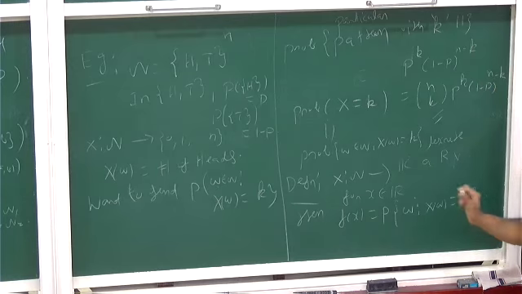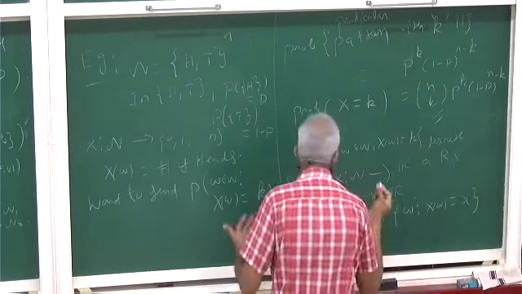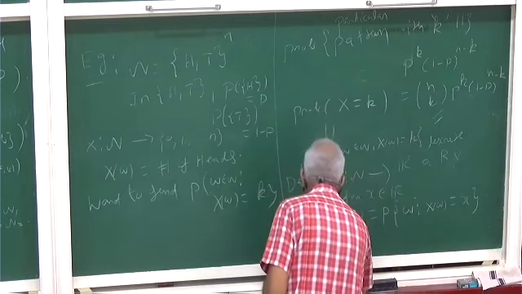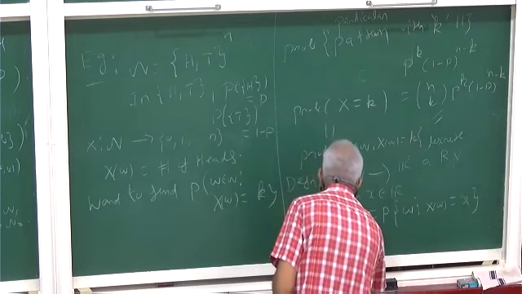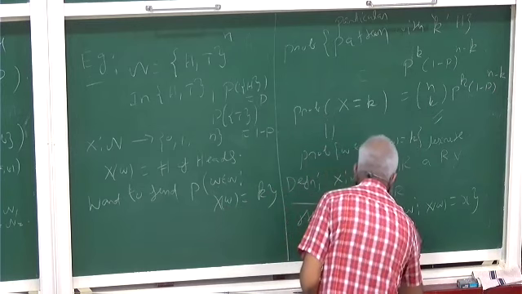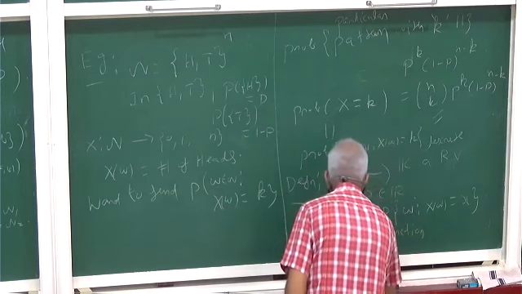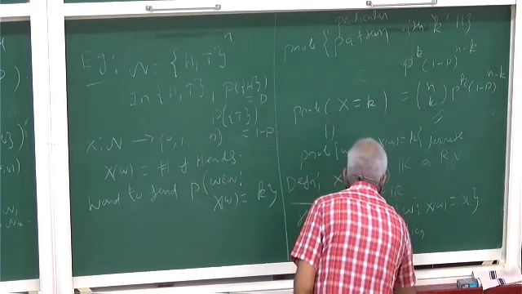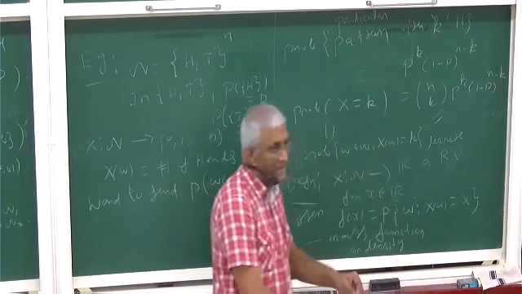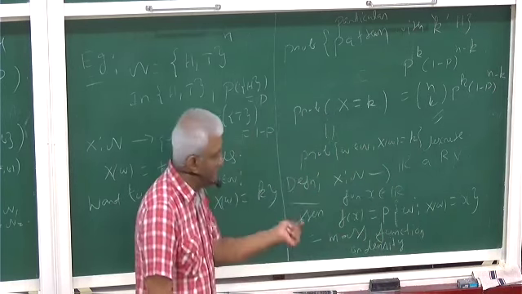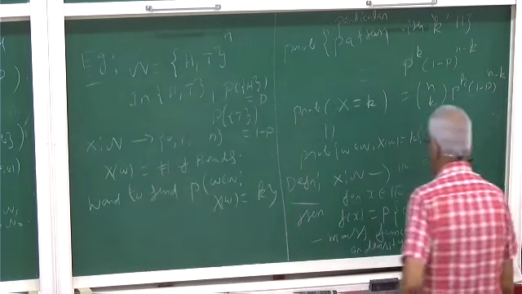This is what is called the probability mass function, or sometimes people also say density. Density has to do with the continuous case. Since each point has a mass, it's better to use the term mass function.